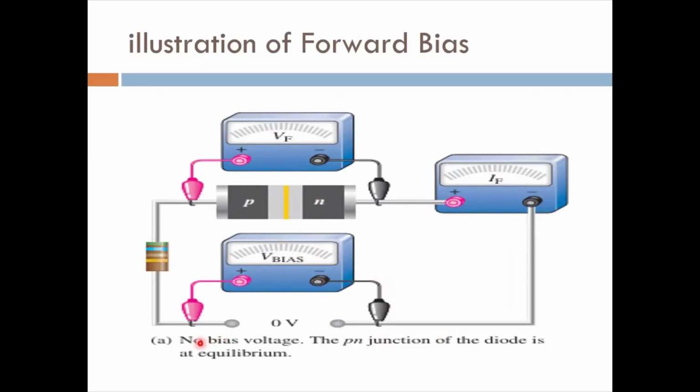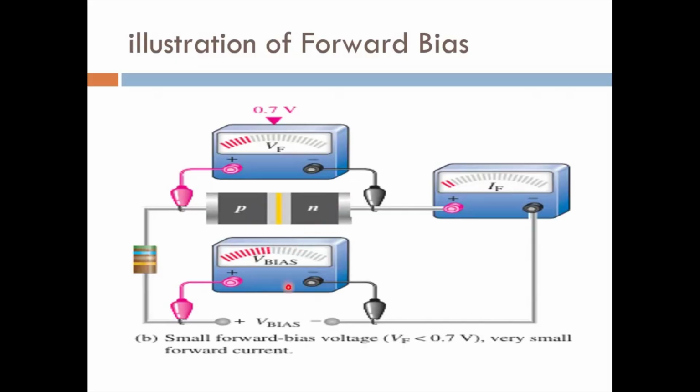So at this time, the bias voltage is 0. Similarly, there is no voltage across the diode and no flow of current in the circuit. Now, we have applied some forward bias voltage, but it is less than 0.7 volt.